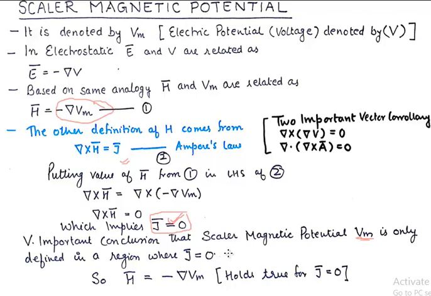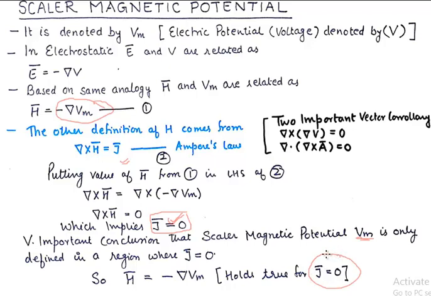So Vm is only defined in the region where J is 0, and H becomes negative gradient of Vm, and it's holding true only for J equal to 0. So that's the limiting case that I was discussing in the beginning of the tutorial.